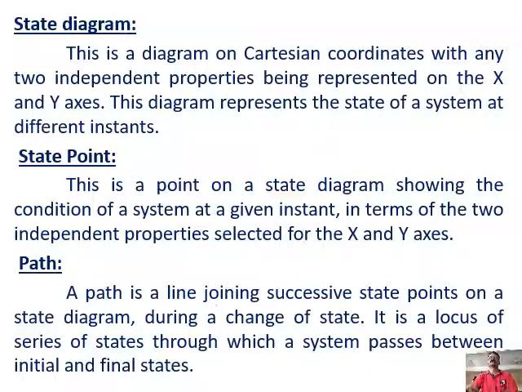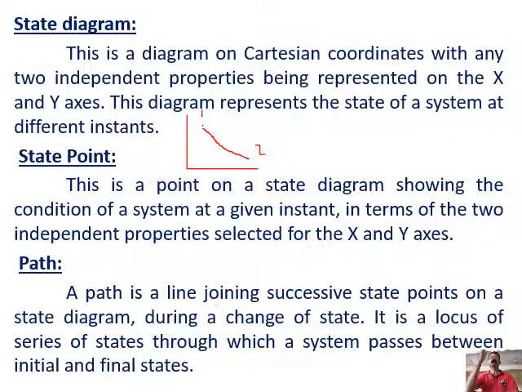Suppose, let me draw a diagram here, the state diagram. I can mark a point here, a point here, a point here. Now if I connect these points like this, then it's called the path. So this is state 1, this is state 2. Between state 1 and 2, it is passing through the successive state points.